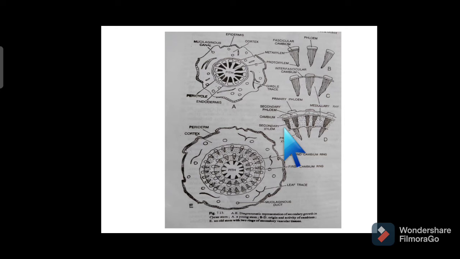The xylem vessels are absent, but it has been reported that in some species of Cycas, such as Cycas revoluta, these vessels are present in the secondary xylem.